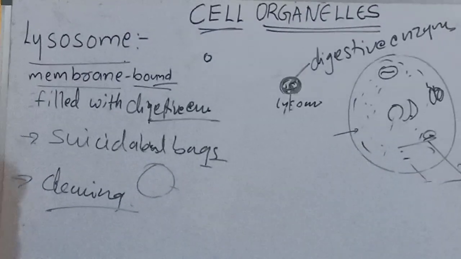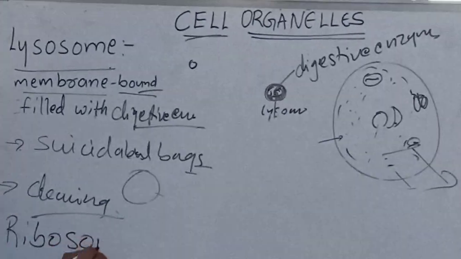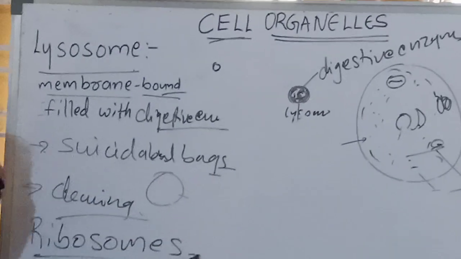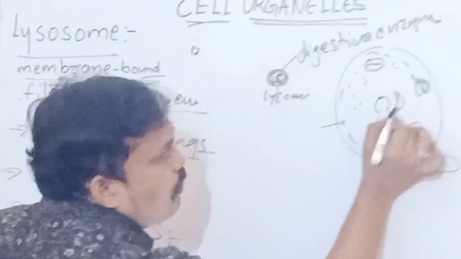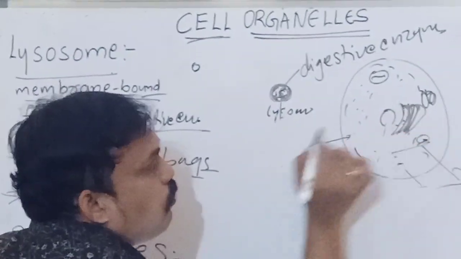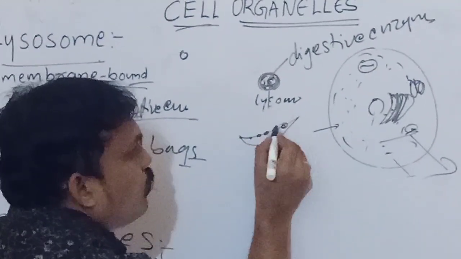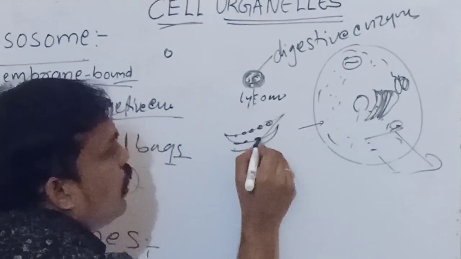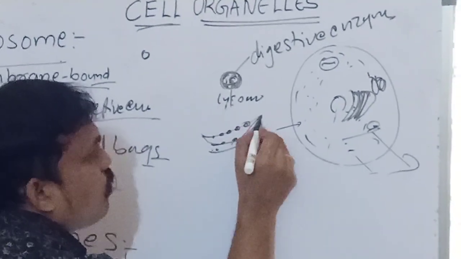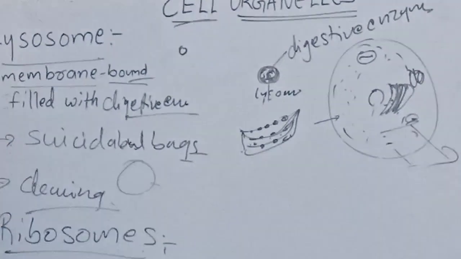After lysosomes, we are going to discuss ribosomes. Ribosomes are very small in size. We know about rough endoplasmic reticulum and smooth endoplasmic reticulum. In rough endoplasmic reticulum, ribosomes are attached, so it is called rough endoplasmic reticulum.